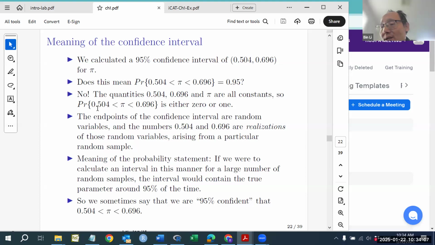That's how we interpret it from the frequentist point of view. But from the Bayesians, it's different. They call it a credible interval. From the Bayesian perspective, the parameter is not fixed. So it's different.